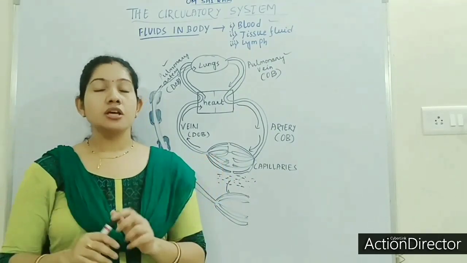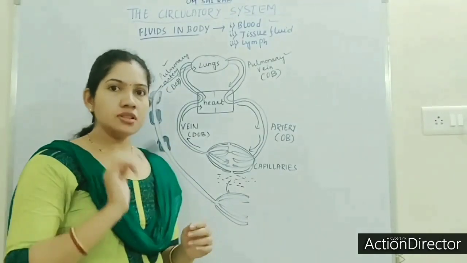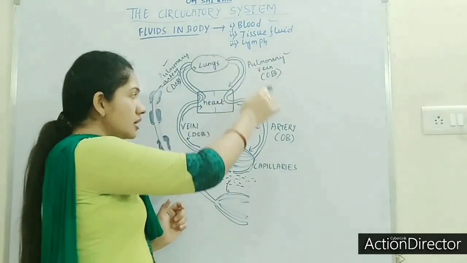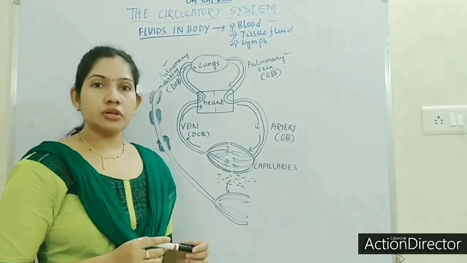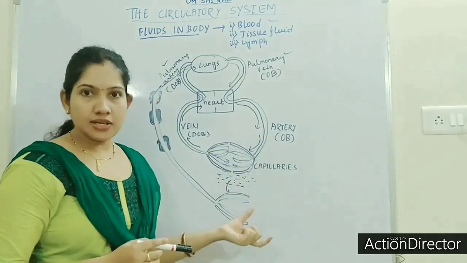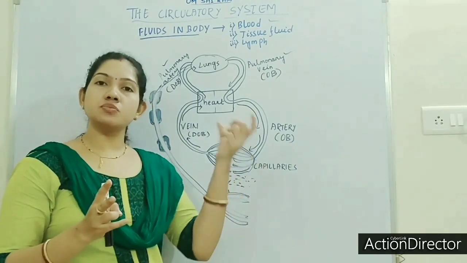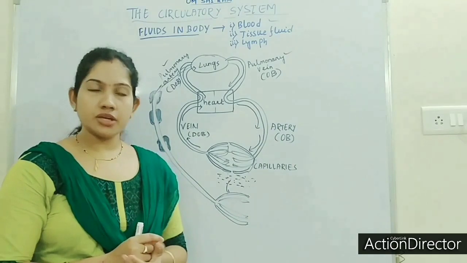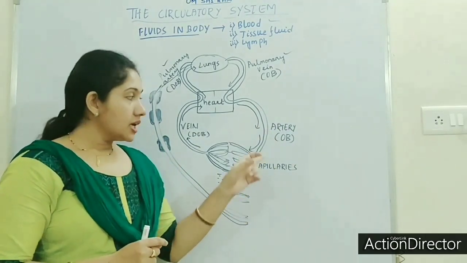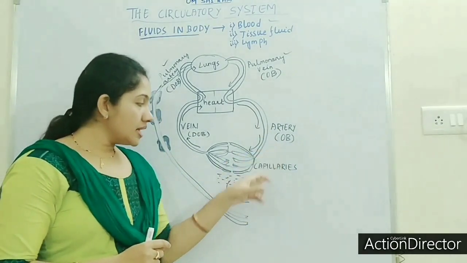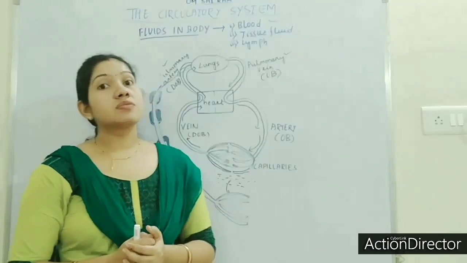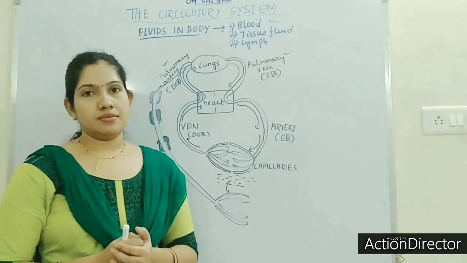our next topic. Here you can find one thing: whatever fluids we are talking about, blood and lymph, the two fluids which are helpful in transporting nutrients and waste in our body, are flowing inside a vessel.